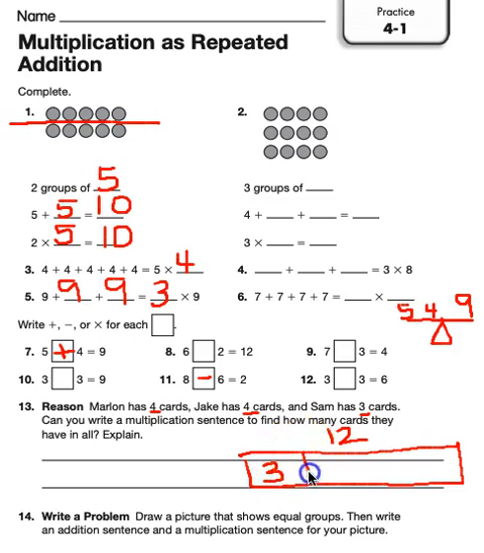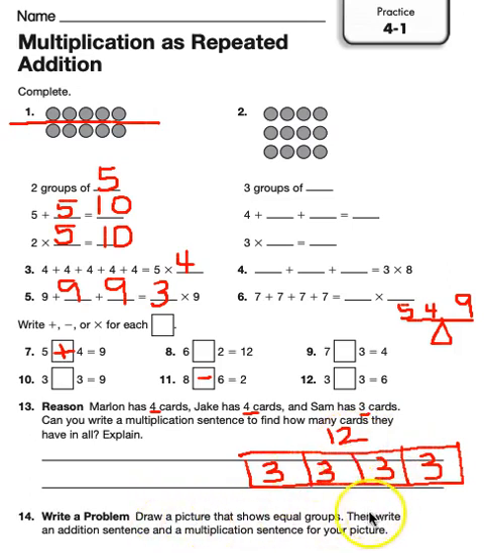3 plus 3 plus 3 plus 3 equals 12. So I have 1, 2, 3, 4 groups of 3s. So 4 times 3 equals 12.